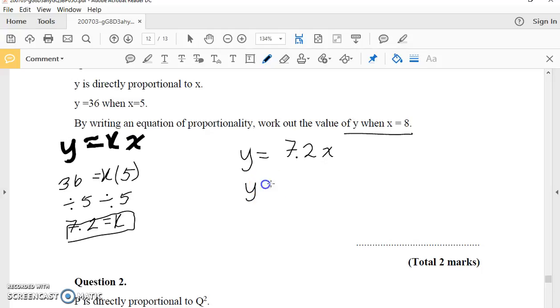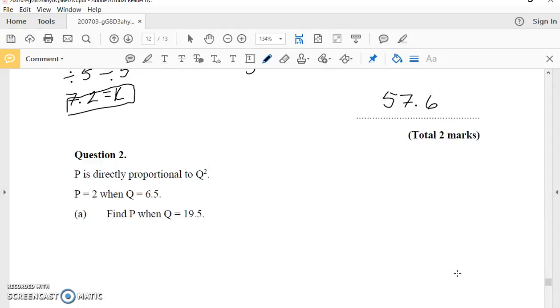So y equals 7.2 times 8, which equals a value of 57.6. So my final point is 57.6.